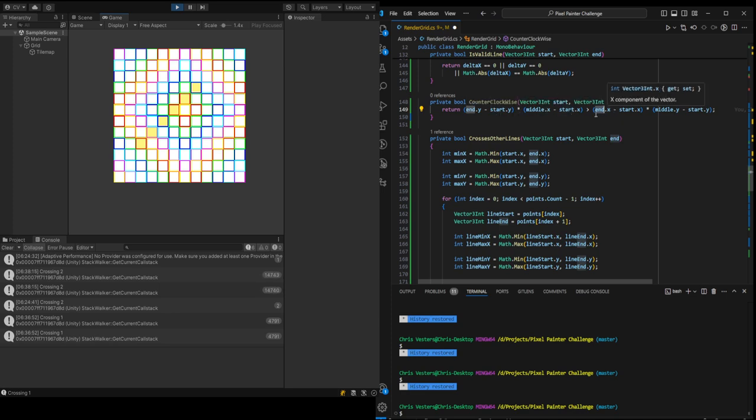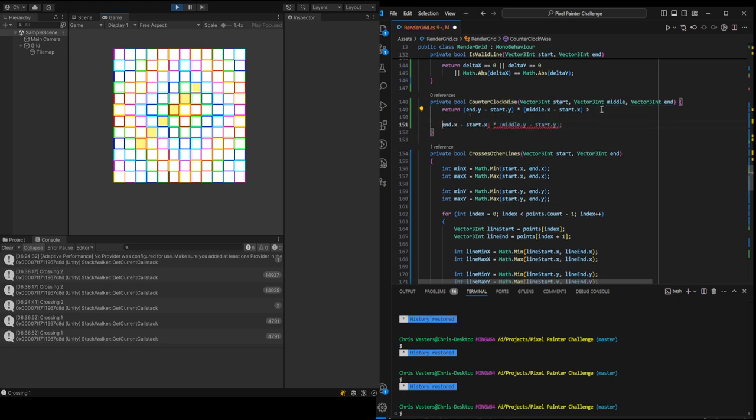Okay, and here he says, let's see what I see online. This is middle dot y minus start y, times end dot x minus start dot x.